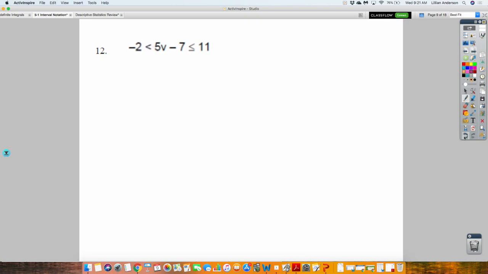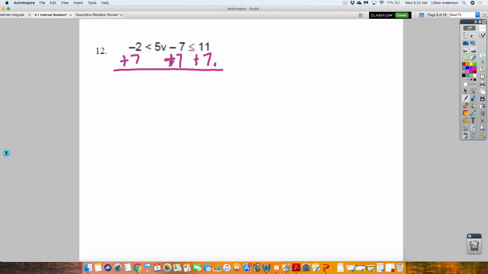So if I cover up that 11 and I just work with just the left side, what would be the first thing I would do? Add 7. And if I were to cover up this part, what would you do? Add 7. Okay? So basically you're just doing the steps to both sides. What's negative 2 plus 7? 5.